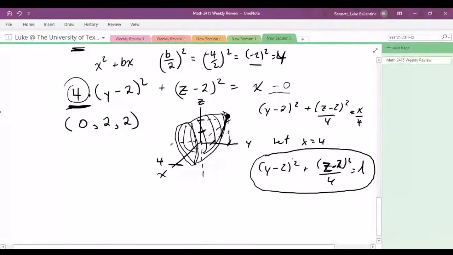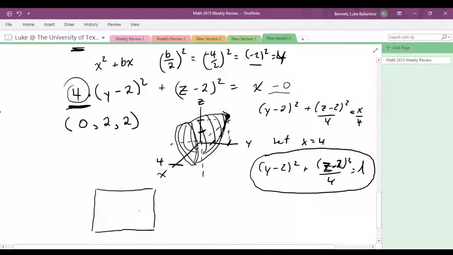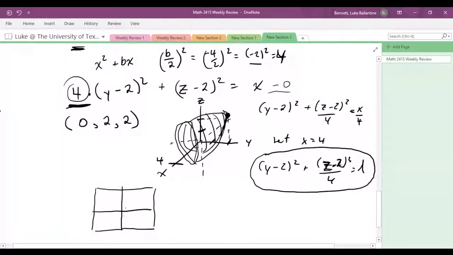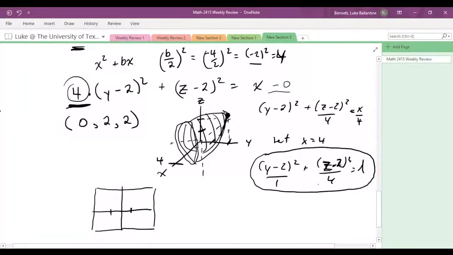It's just an ellipse, if we're looking at the trace of x equals 4. So the trace x equals 4, right? We have some plane, and then we have the y-axis and the z-axis. This is over 1, so we go 1 in the y direction, and then this is 4, so we go 2 in the z direction.